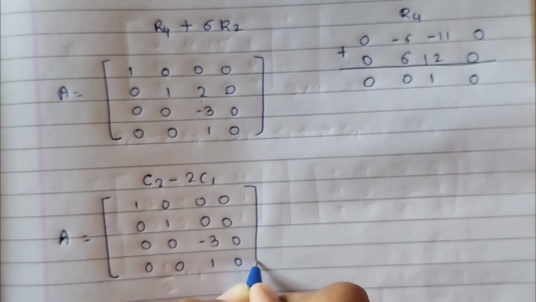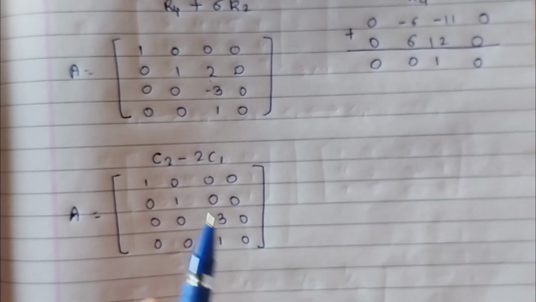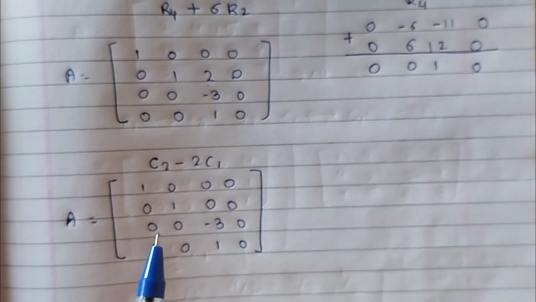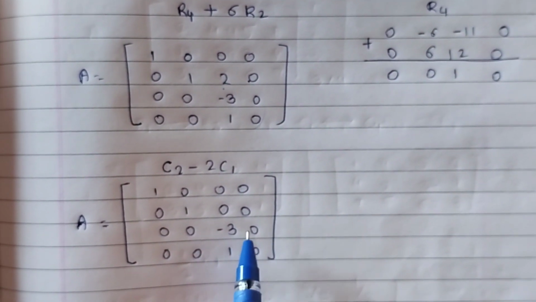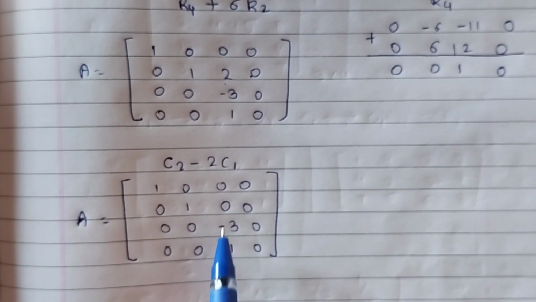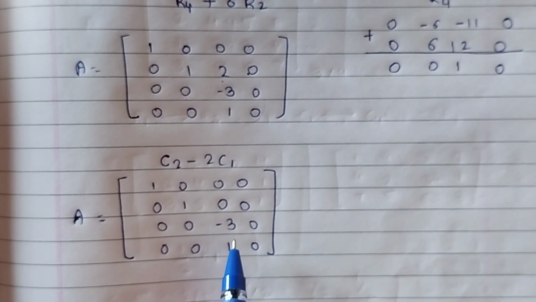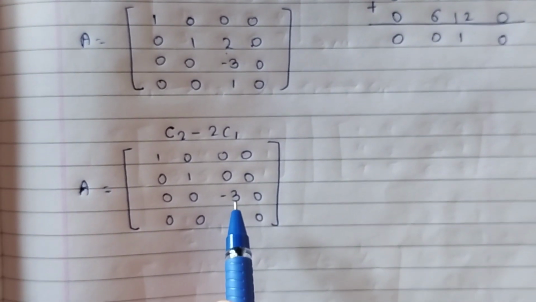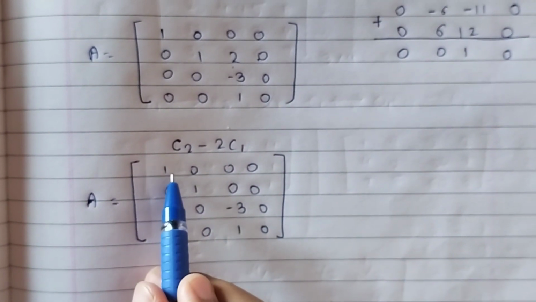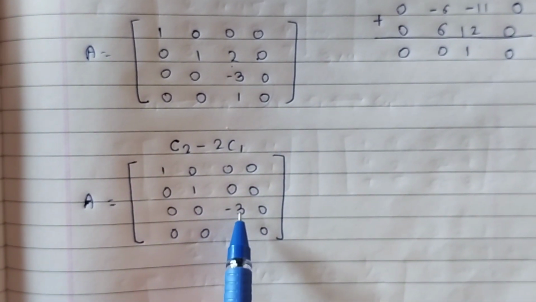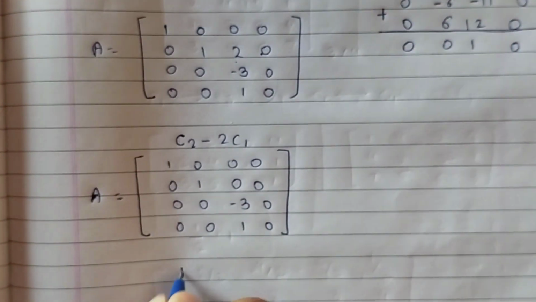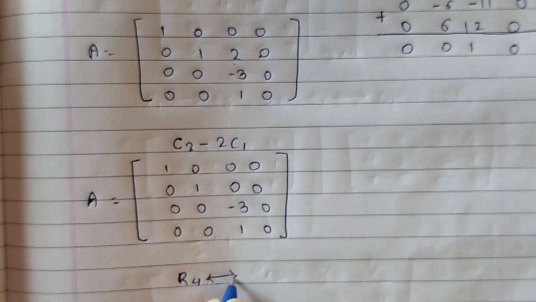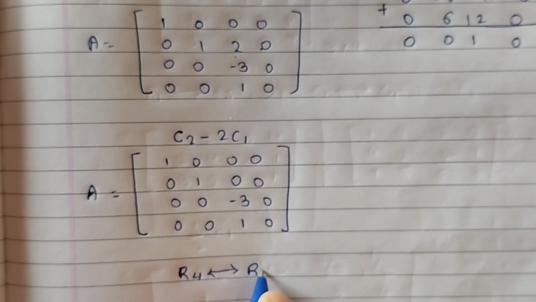Now I hope you all have an idea of how to convert the given matrix into the normal form. Now we check whether the third diagonal element is 1 or not. Here the third diagonal element is not a 1, so for that we perform the operation R4 interchange with R3.